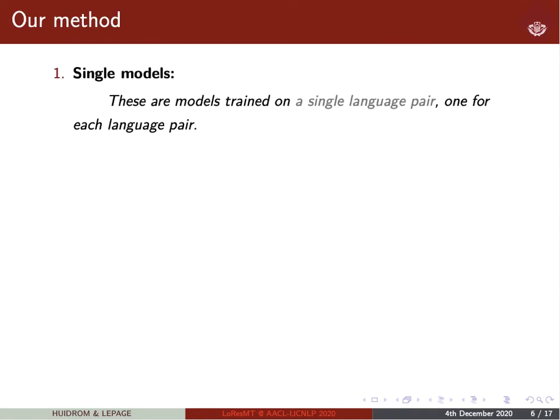In order to implement our proposal, we present the following methods. The first method is the single model, in which they train a single language pair, one model for each language pair.